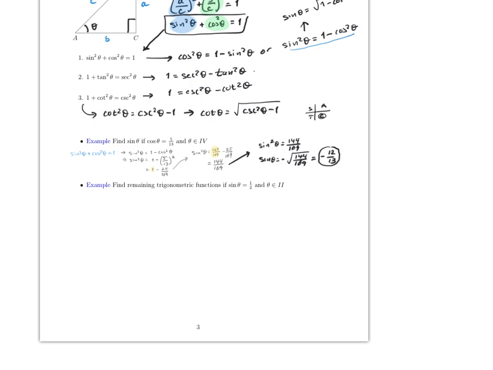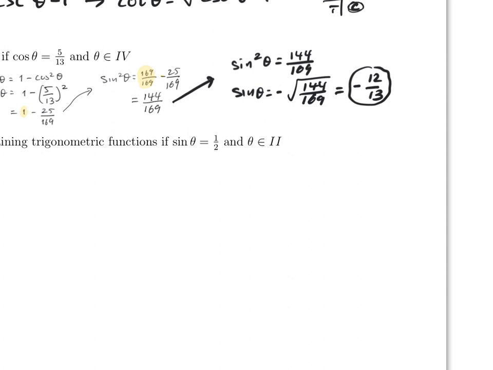Now notice, and this is just to verify your answer, it may be much easier to solve these problems if you just do a triangle. This will be a problem very similar to the ones we did in the previous sections. So cosine, you have theta, and cosine is 5 over 13. That means this is 5.